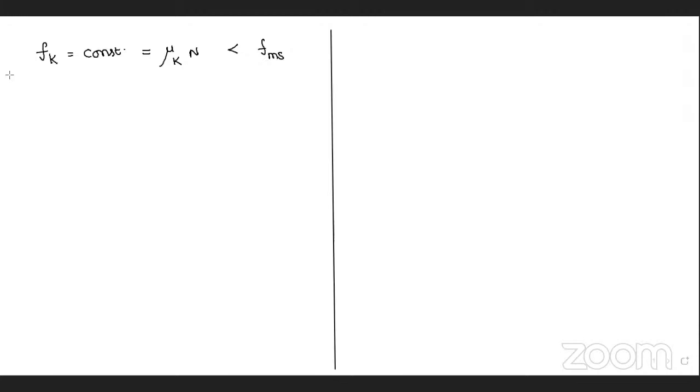Now, straight after discussing only one formula, we are going to take a few models related to the kinetic, and if possible the static. Come here.